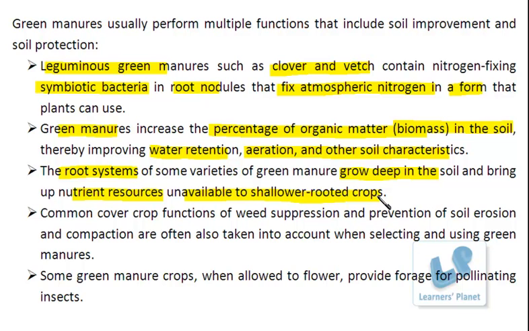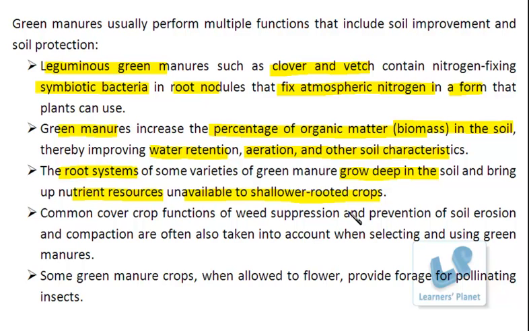If the crop that we have to cultivate in the land has short roots, then definitely they can absorb material from the topsoil only, or from the upper part of the soil only. So green manures having deep roots can help in bringing the nutrients present in the bottom layers of the soil, and thus they can enrich the soil with nutrients for these shallow rooted crops.